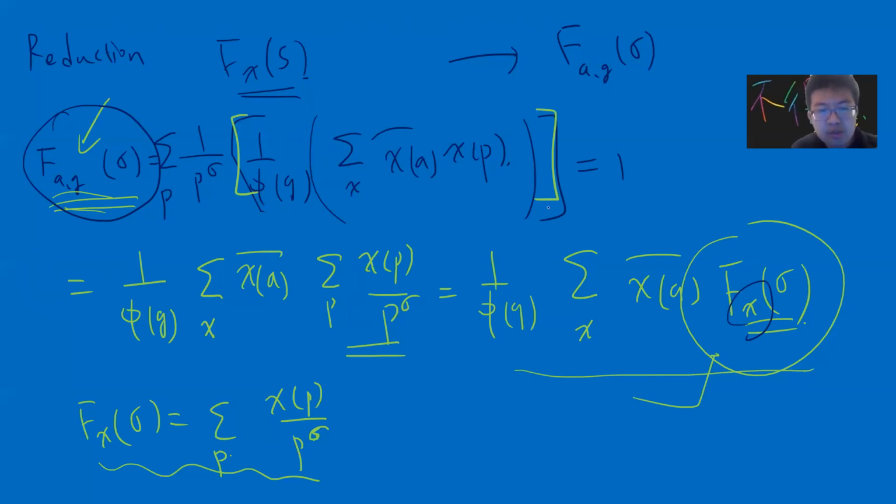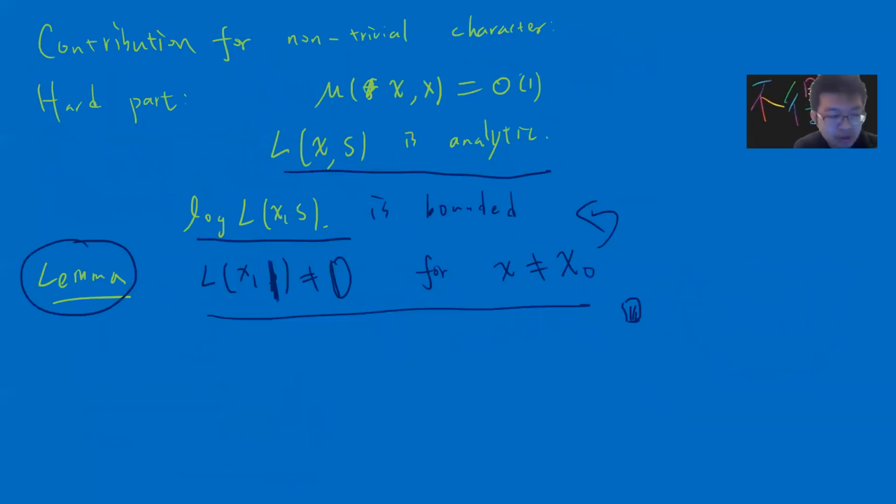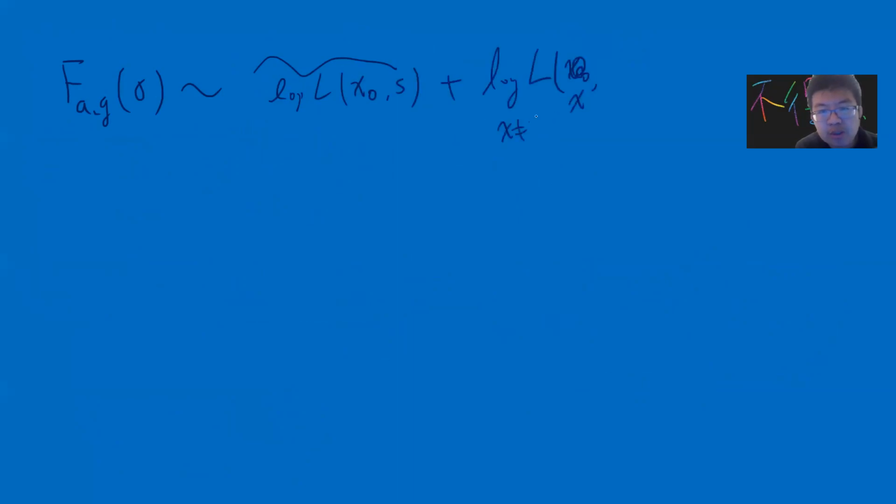Let me just write it down. Now our F_q sigma has the contribution from log L of the principal character of s plus log L of the non-principal characters of s, up to an O(1) constant.